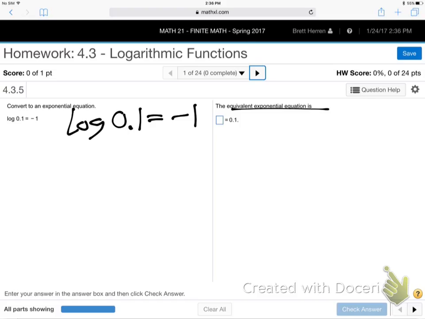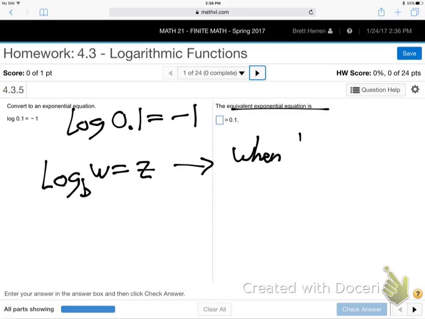Here's what it is. If you have the log base b of, whatever you want to call it, w equals z, that converts this way. So let me just write a sentence. When you lose or gain a log, here's what happens.